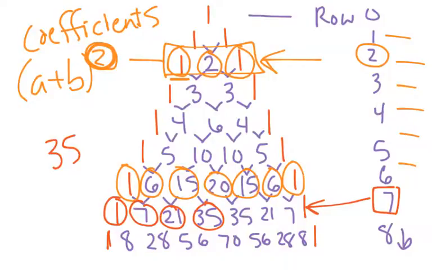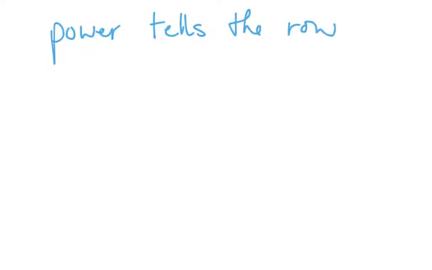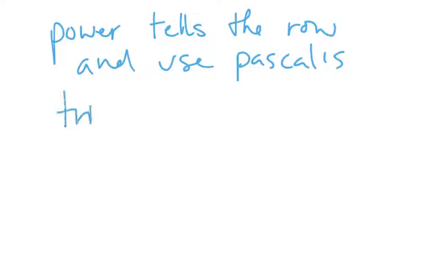So there are actually two parts to doing this. The first is that the power tells the row, and you use Pascal's triangle to get the coefficients.